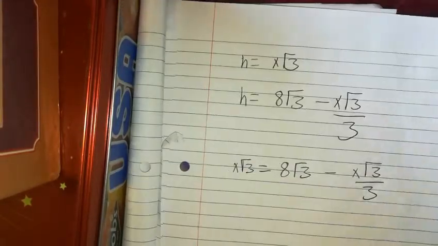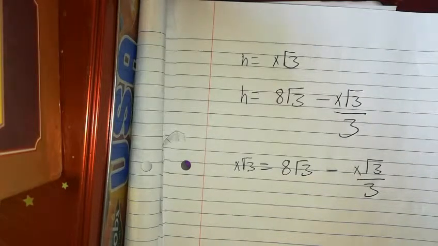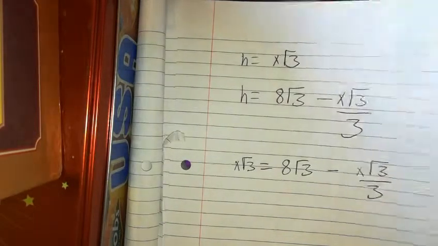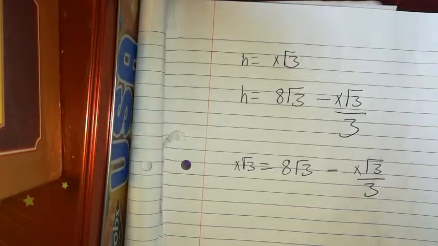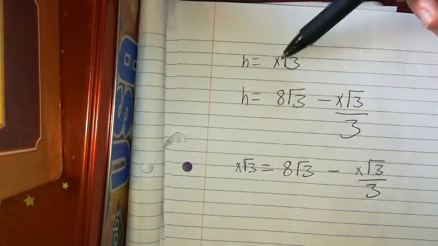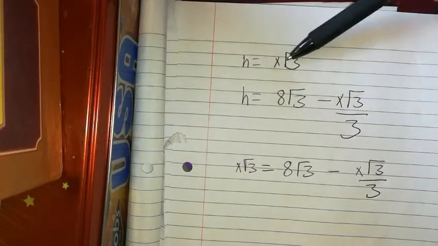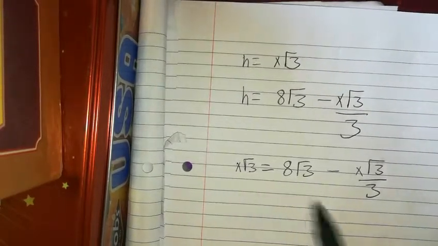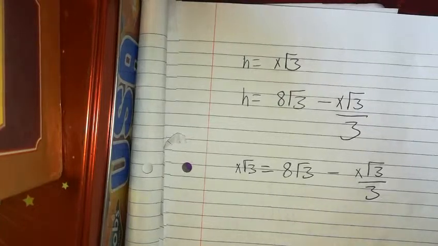I know I want to get h overall, but I'm going to have to get x first, and then I can sub the value for x back into one of my equations, and then I'll get h. So firstly, I'm going to have to get what my x is.